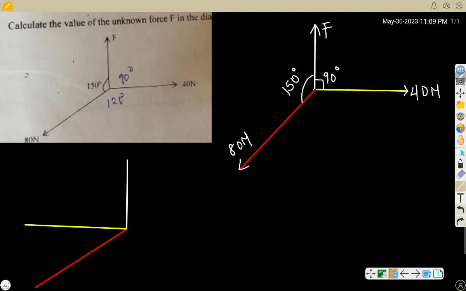So see what I did here now. I move this force, which is like equilibrium here, to this point to be resultant. That means this yellow now is the resultant of F and 80. That's another way you can reason the question.